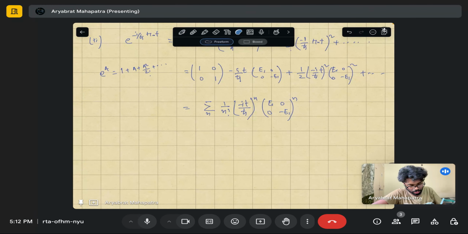So finally, this again forms an exponential series. This is an overall factor, you can multiply that and you get e1, 0, 0.